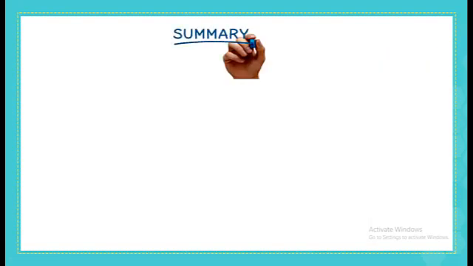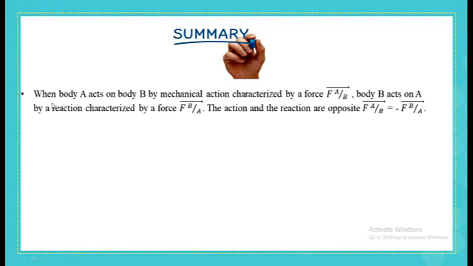As a summary, we can say that when body A acts on body B by a mechanical action characterized by a force F A on B, B will react by a force F B on A. The action and the reaction are opposite. Here is the vector relation, equal but opposite in direction.